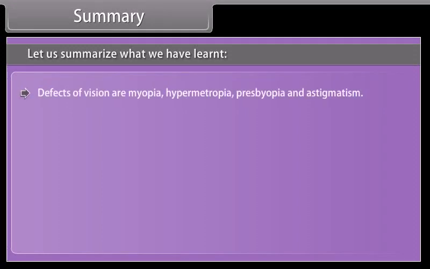Defects of vision are myopia, hypermetropia, presbyopia, and astigmatism. Magnifying power of a microscope, m = D(1/f + 1/v).